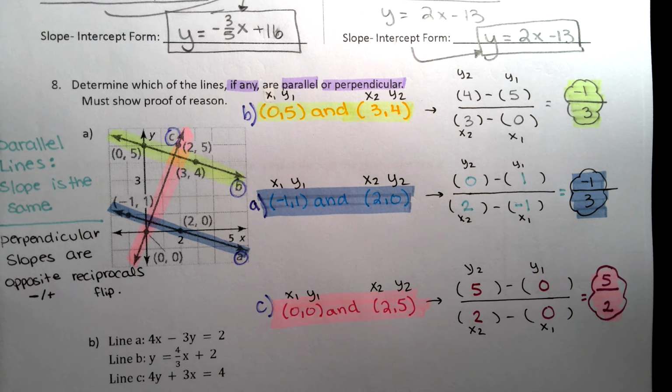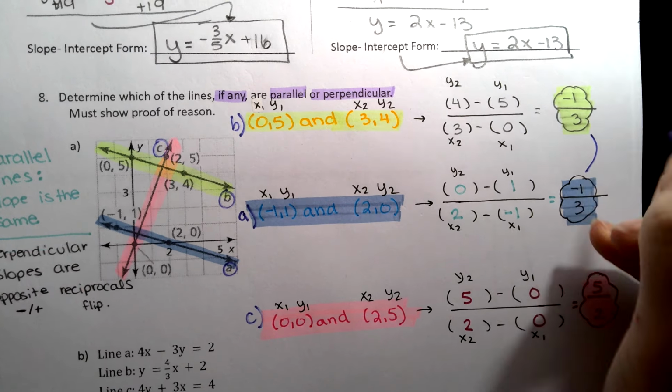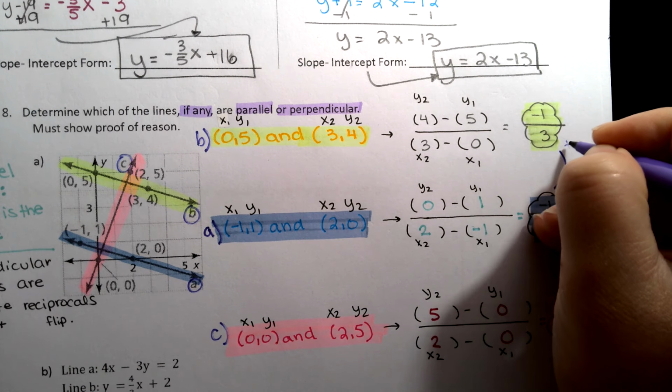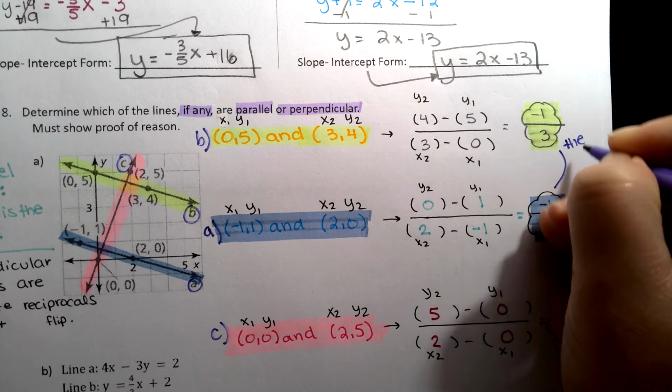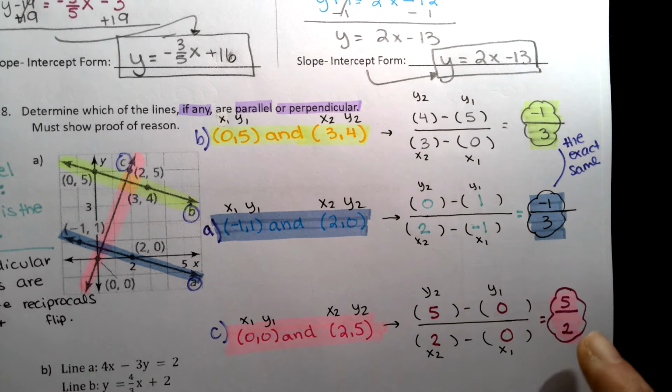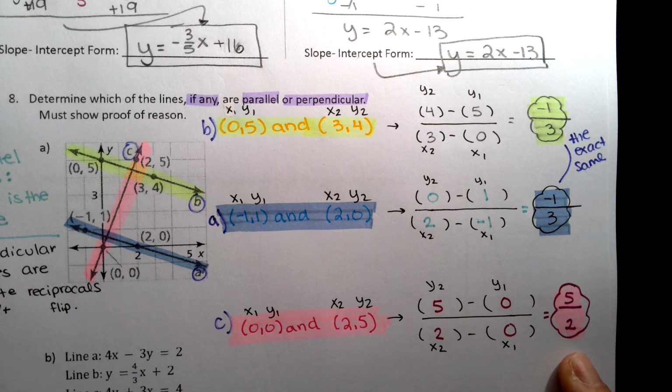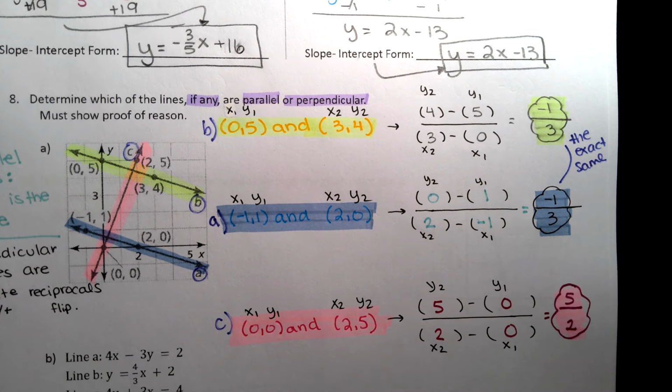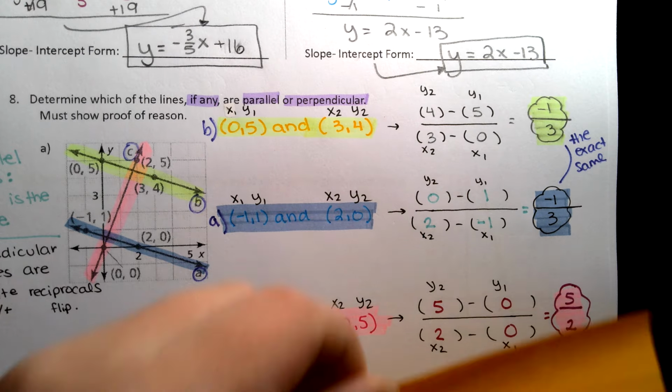So we have line A, line B, line C. So if we're taking a look at these slopes, notice that these are the same. And then notice that 5/2 is kind of random. If I take 1/3 and flip it, it would be a positive opposite. So opposite reciprocal. Let's go ahead and write this out separately.